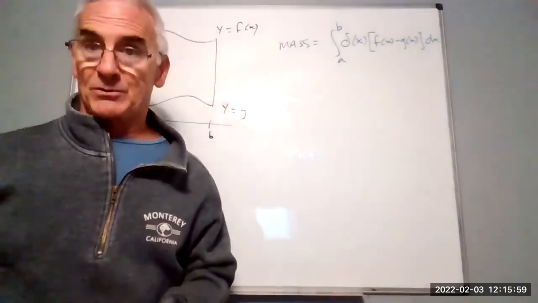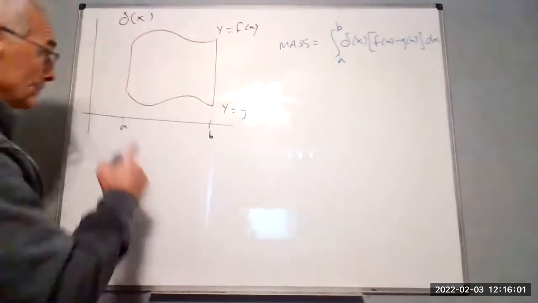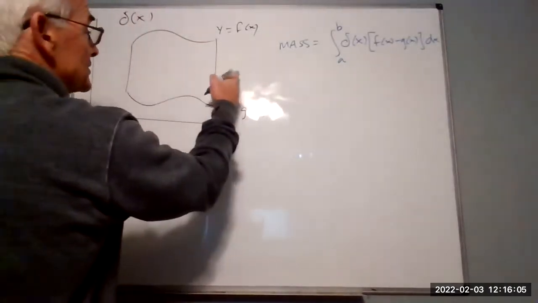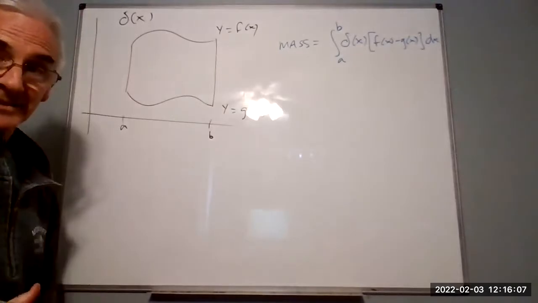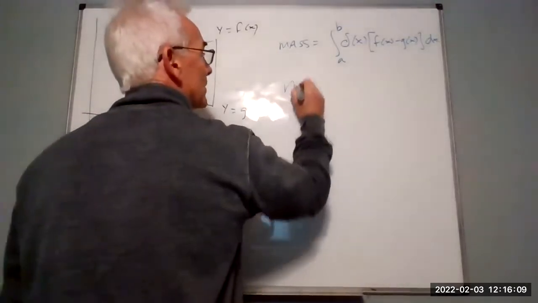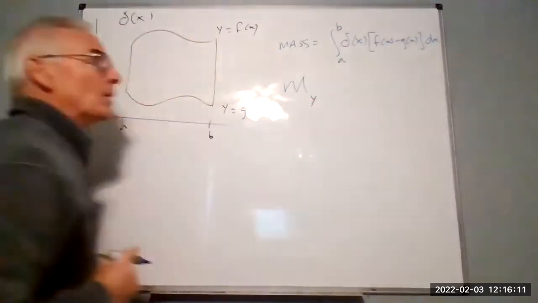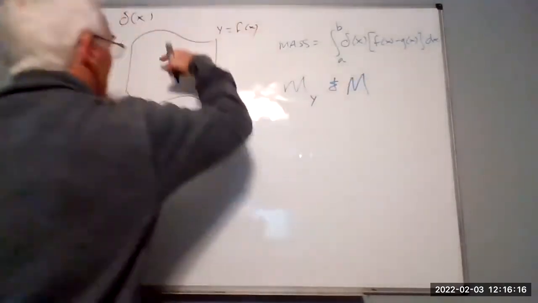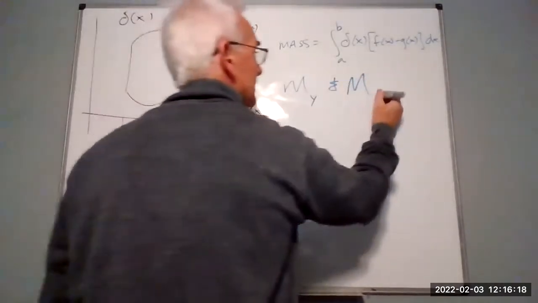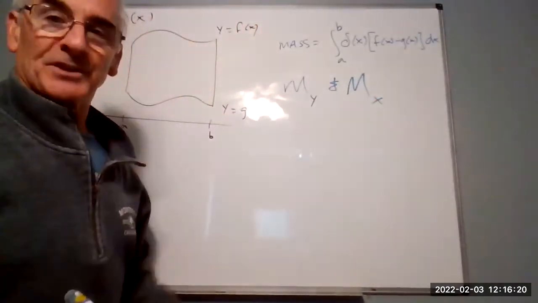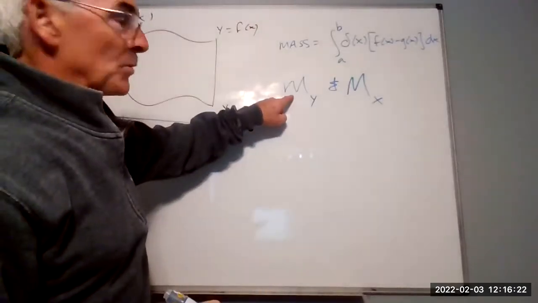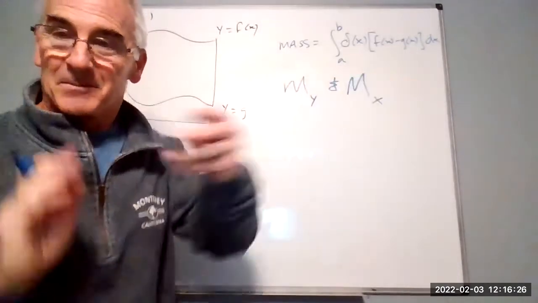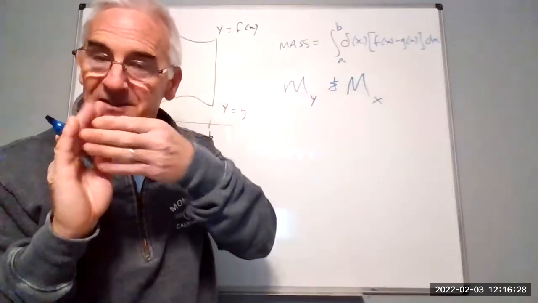So here's how we generally measure the moment. In the X direction, I'm measuring the distance from the Y axis. That means I'm going to have a capital M with respect to the Y axis and a capital M with respect to the X axis. What's confusing is the capital M with respect to the Y axis involves the X distance, because X is the distance from the Y axis.